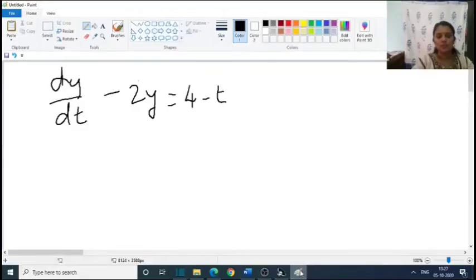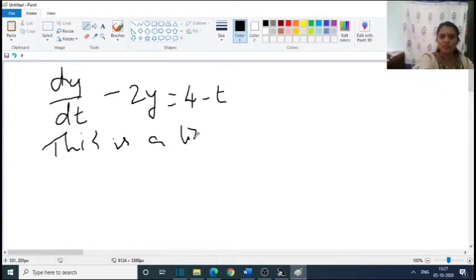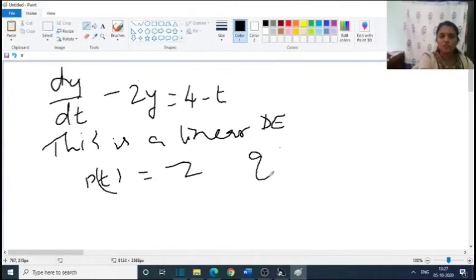Now we have four problems to solve. Solve the differential equation dy by dt minus 2y is equal to 4 minus t. This is a linear differential equation, so p of t is equal to minus 2 and q of t is equal to 4 minus t.